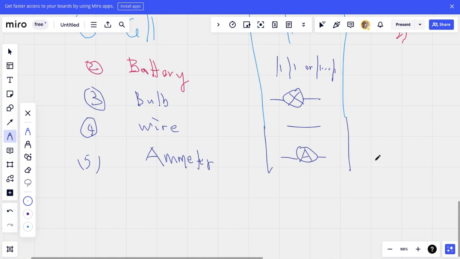What is an ammeter? To measure current. There we have its twin sister, called the voltmeter.